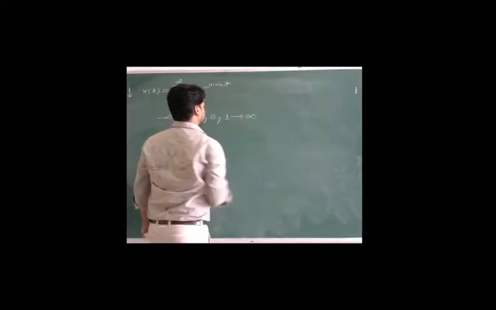So we can break this limit into three parts: first we take the limit from minus infinity to minus 1, then we take n equal to 0, then we take n from 1 to infinity.